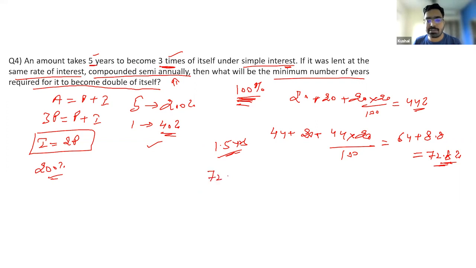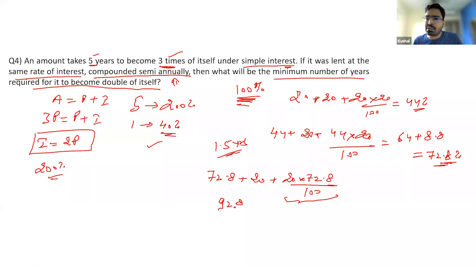Now combine this 72.8% of itself for another 6 months. That is at 20%. So 20 into 72.8 divided by 100. This time we are reaching a 92.8% over here, and definitely this amount is more than 100, right? So it is probably somewhere about a 15 odd value, right?